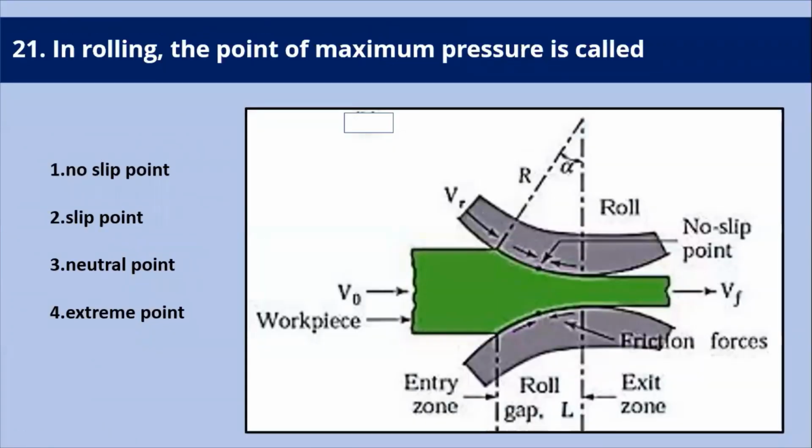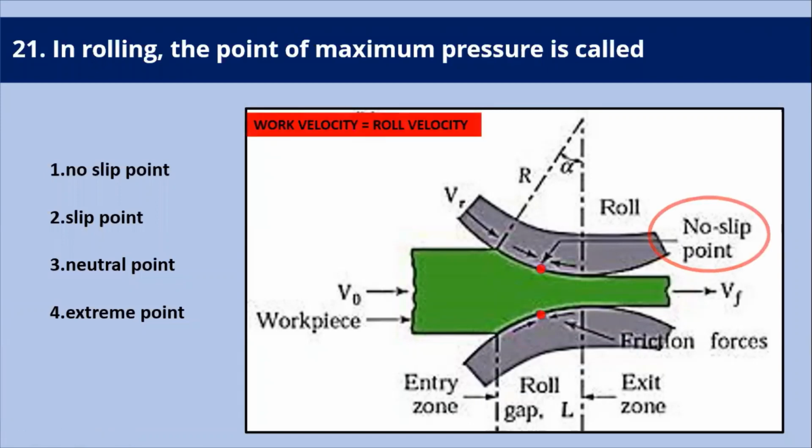Next question. In rolling, the point of maximum pressure is called... What is the name of that point particularly? Now in the rolling process, there is a point on the rolls where the work velocity is equal to the roll velocity. In this diagram, at this point we'll get a no slip point.